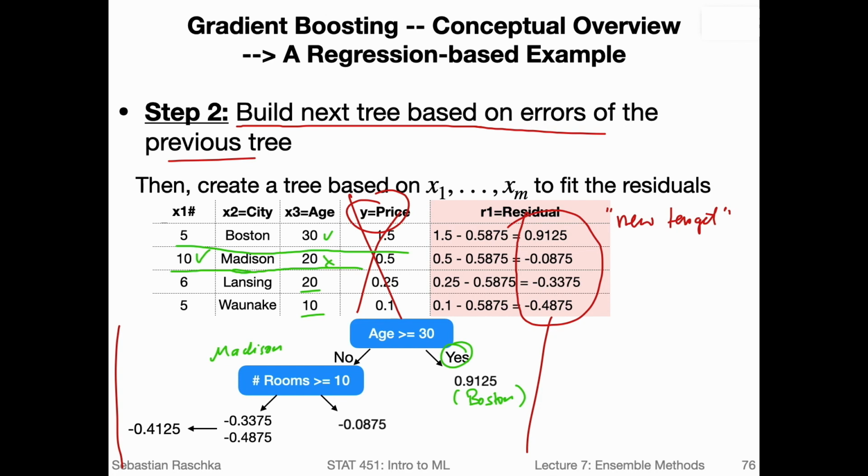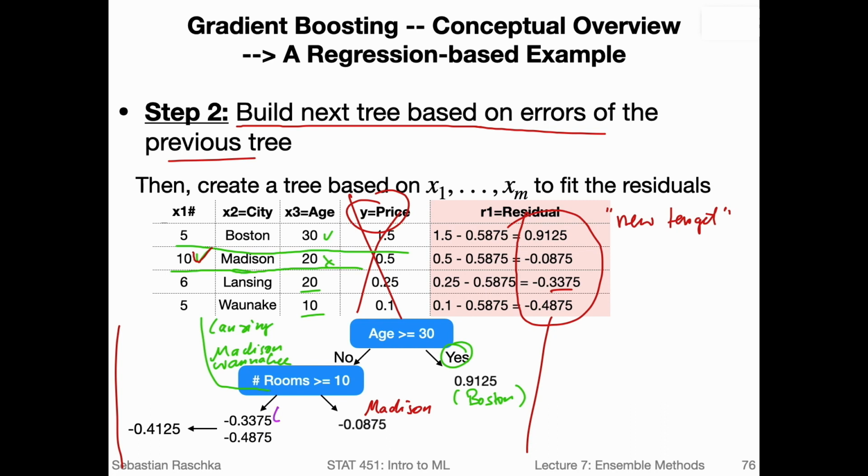I mean, the houses are newer than 30 years old. So let's put Lansing and Warneke at this node here. And then we check the number of rooms. Like I said before, medicine has greater than 10 rooms, so this case would be medicine. And the other ones, 0.33, this would be Lansing, and the last one would be Warneke.